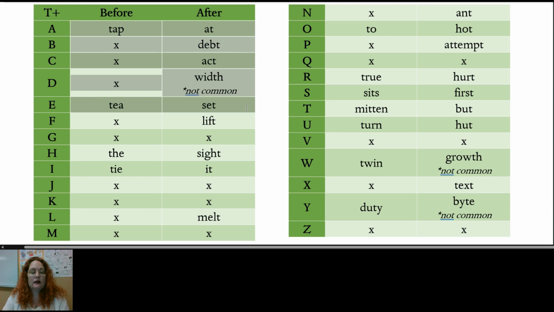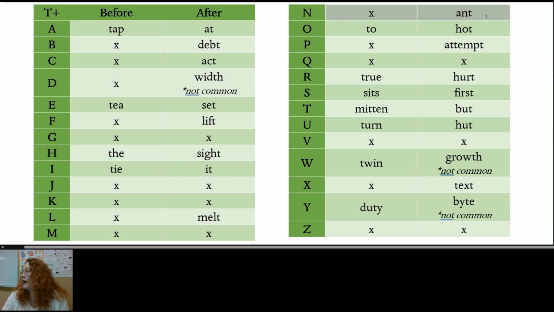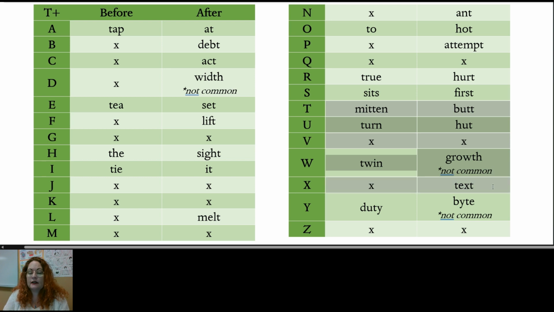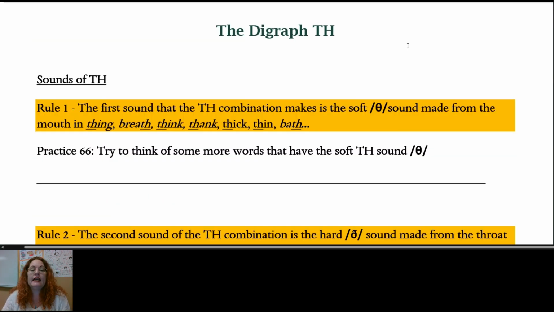T with E, set, lift, with I, sight, tie or it, with L as in melt, with N as in ant, O as in to or hot, P as in attempt, R as in true or hurt, S, for example, sits or first, mitten or butt with a double T, U, turn, hut, W, twin, growth, with X as in text, with Y, for example, duty or bite, though the YT combination is also not very common.